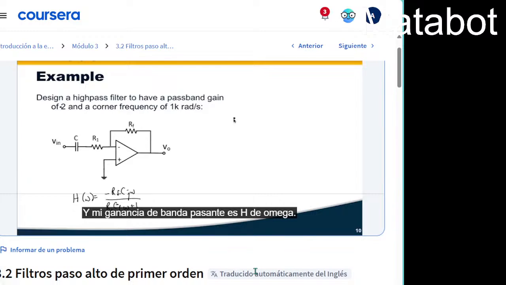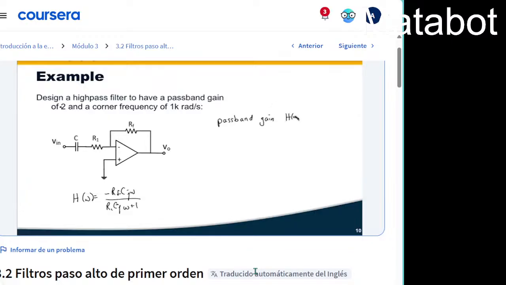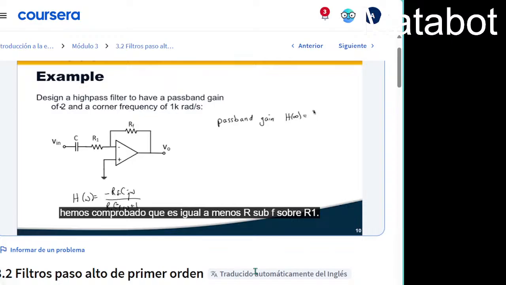And my pass band gain is H of omega when omega goes to infinity, which we found to be equal to minus RF over R1. And we want that to equal -2.